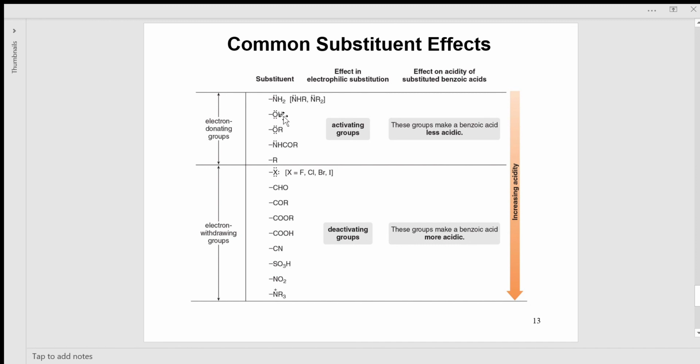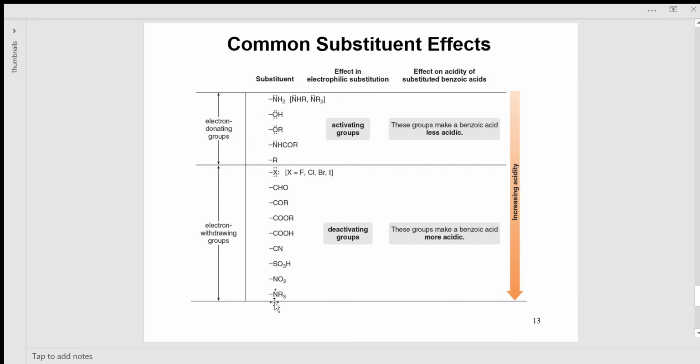But there are some trends here. If there is a carbon-oxygen double bond, a carbonyl group, normally it is a strong electron withdrawing group. Atoms like nitrogen and oxygen, and the alkyl groups, are normally electron donating groups.